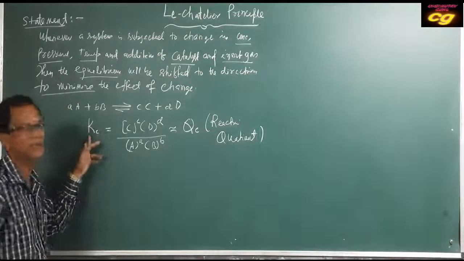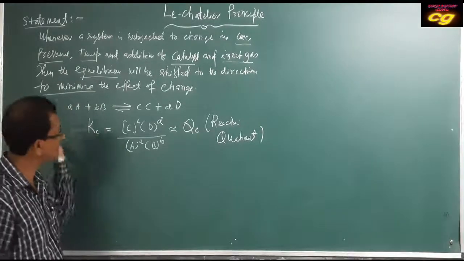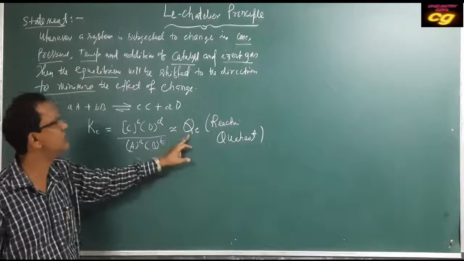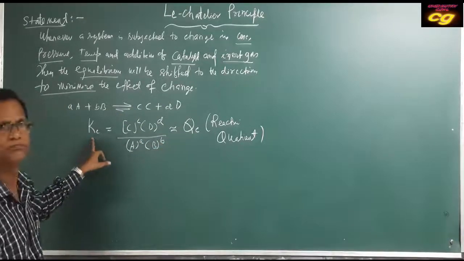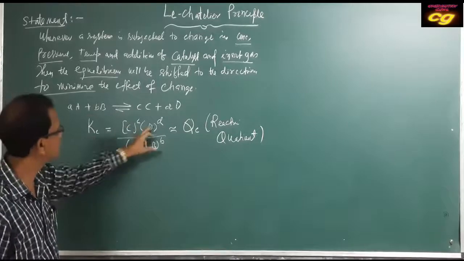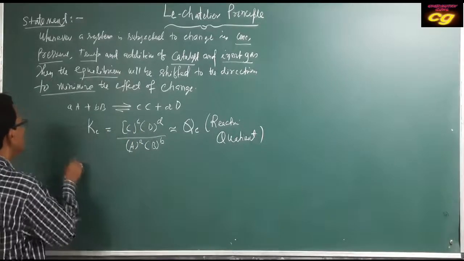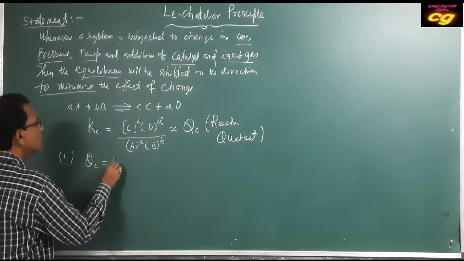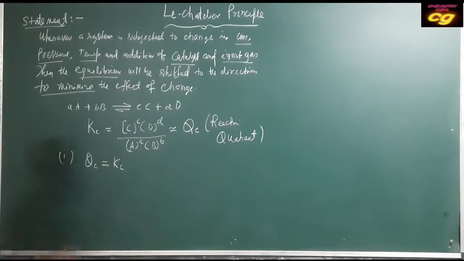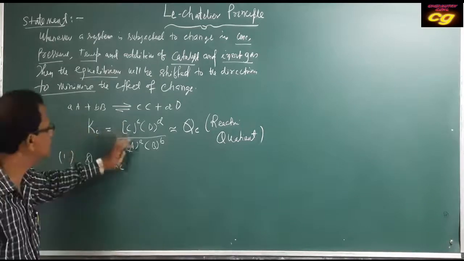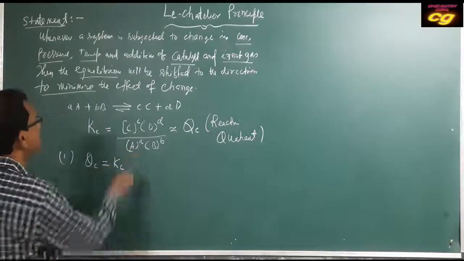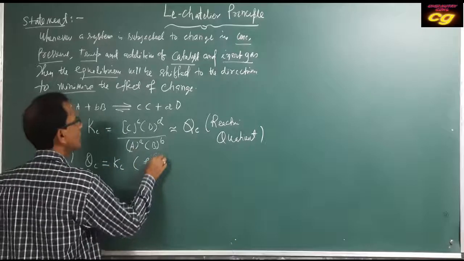But Kc remains constant. So when you add more C and D, then Qc will be greater than Kc. If Qc is equal to Kc, if both are the same, there is no increase or decrease in the concentration of product and reactant, and that is called equilibrium.